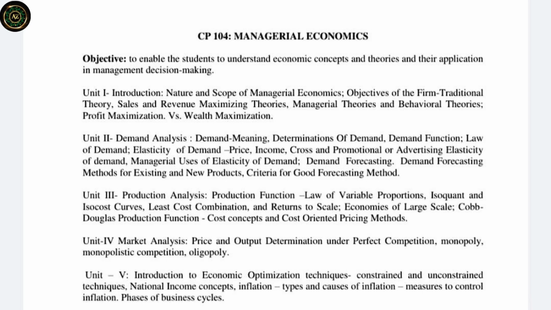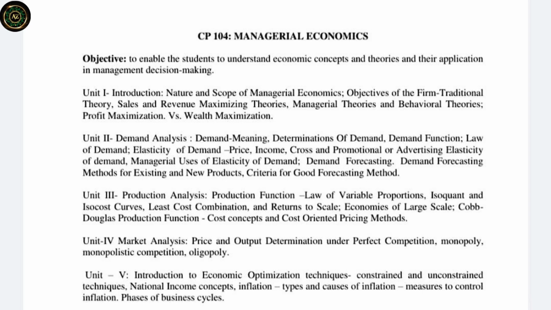CP 104, Managerial Economics. Objective: to enable the students to understand economic concepts and theories and their application in management decision-making. Unit 1: Introduction, Nature and Scope of Managerial Economics, Objectives of the Firm, Traditional Theory, Sales and Revenue Maximizing Theories, Managerial Theories and Behavioral Theories, Profit Maximization versus Wealth Maximization.